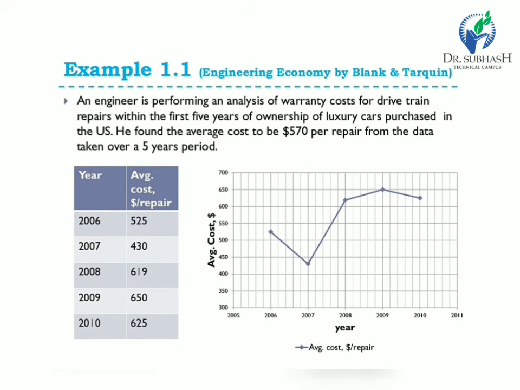Here we show an example of engineering economics. In this, an engineer is performing an analysis of warranty cost for drivetrain repairs within 5 years of ownership of a luxury car purchased in the USA.